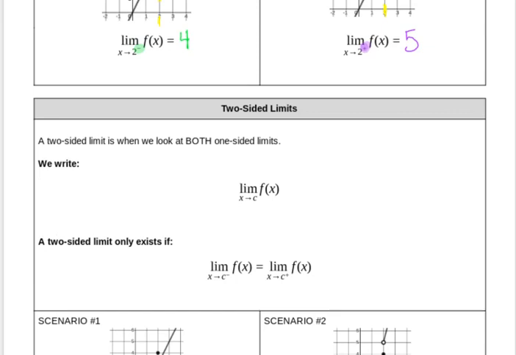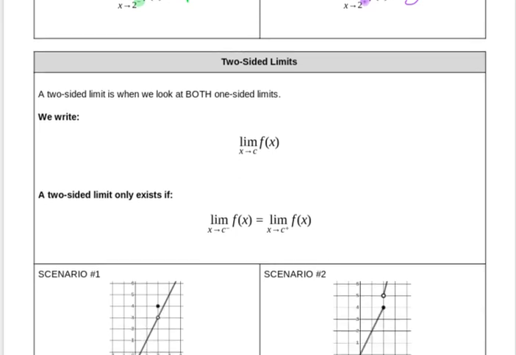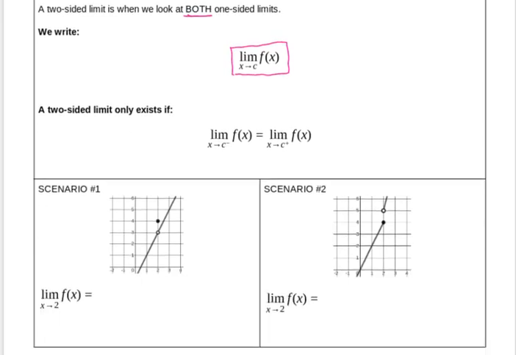All right, so we also have two-sided limits, right? So we can look at the left side, the right side, or we can look at both sides. So we write the limit of f of x as x approaches c, and you'll notice there's nothing on that c value. So it means we're just looking at both sides. A two-sided limit only exists if the limit of f of x as x approaches c from the left is equal to the limit of f of x as x approaches c from the right.